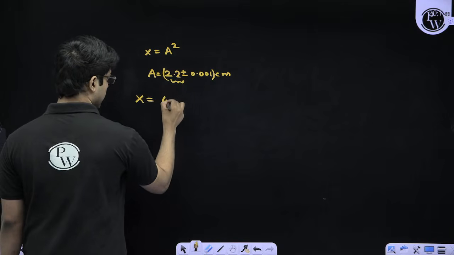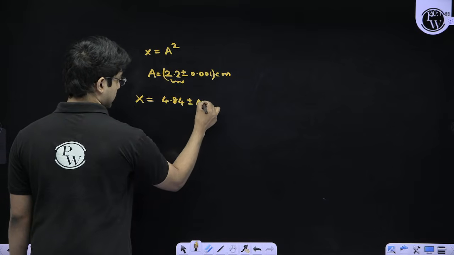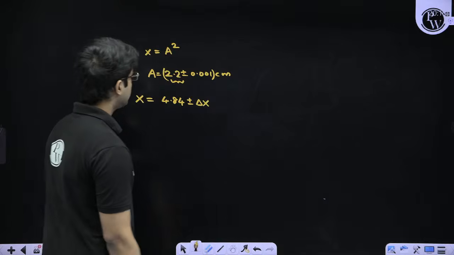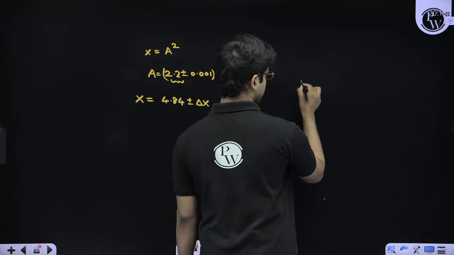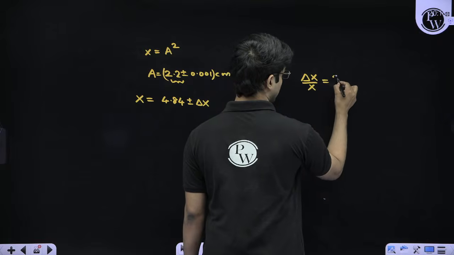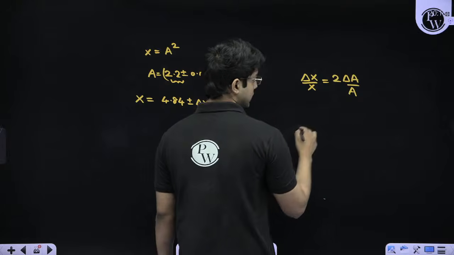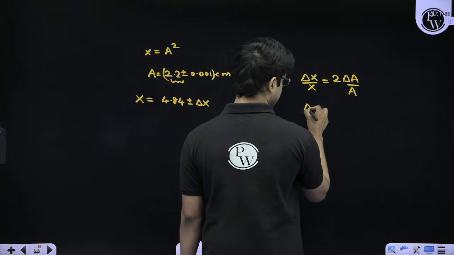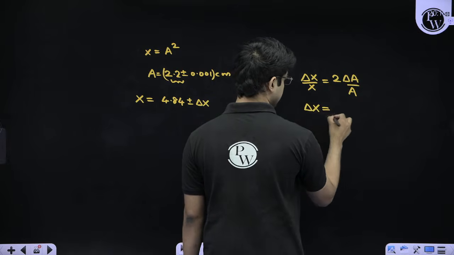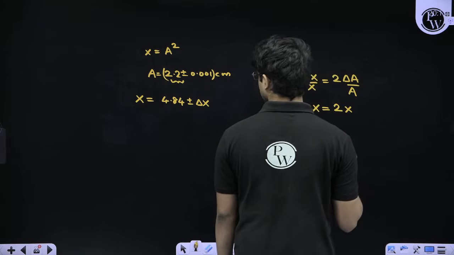So write it over here and then write the error. For the error, you will use that fractional error relation. Delta x by x is equal to 2 delta a by a. So we need to solve for delta x. So it will be 2 into delta a is 0.001.